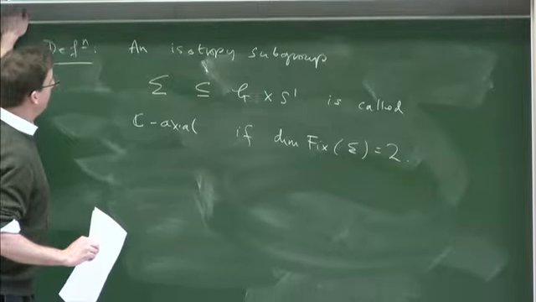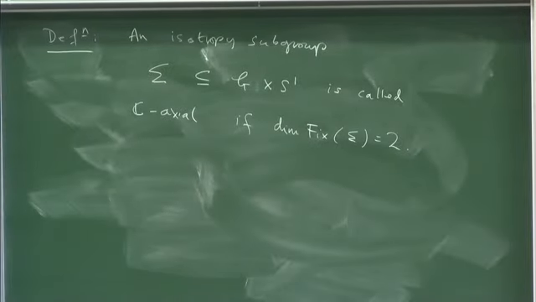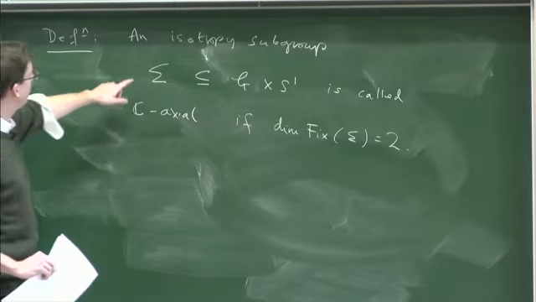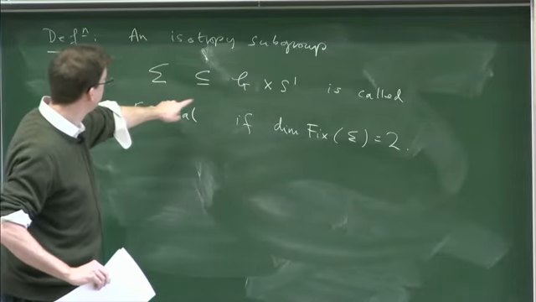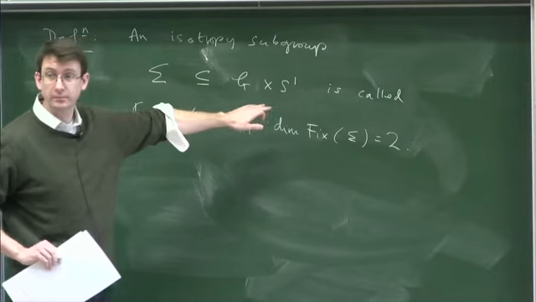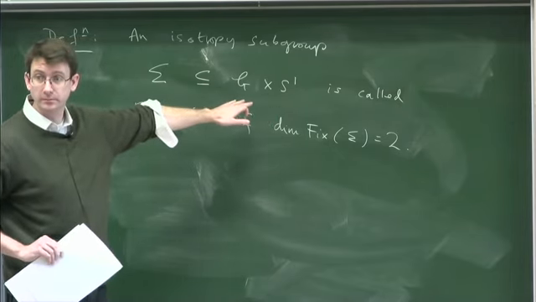Okay. And perhaps the most interesting thing about this is the fact that my isotropy subgroups are now going to be subgroups of G cross S1, not just subgroups of G.